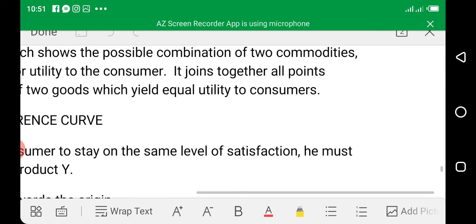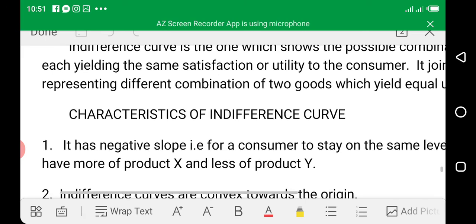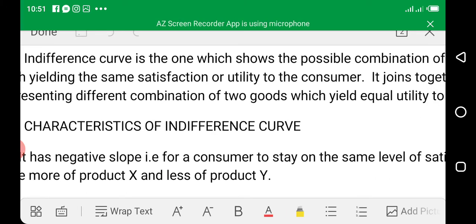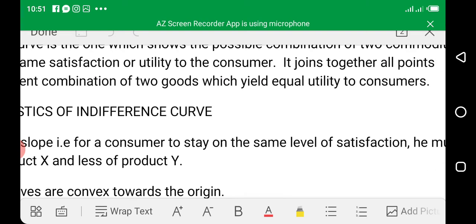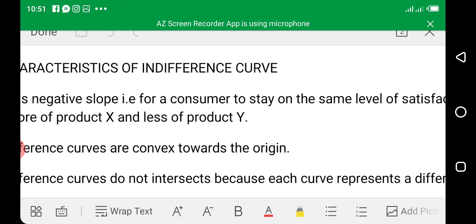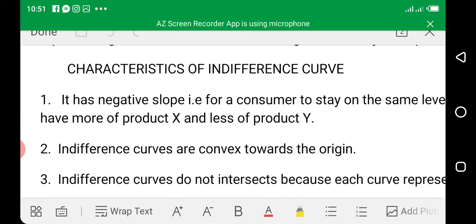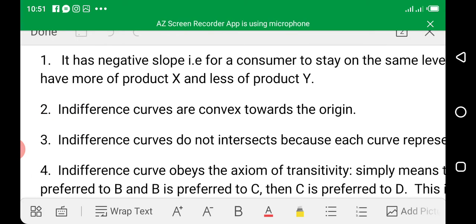It joins together all points representing different combinations of two goods which yield equal utility to consumers. Characteristics of indifference curves. Number 1: it has a negative slope.